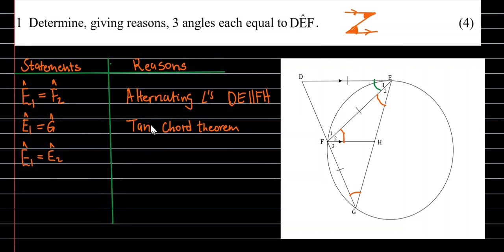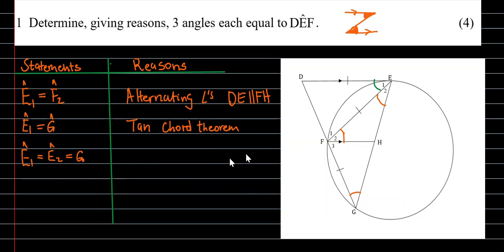Why is that? Let me first write here angle E1 will be equal to angle G, because this angle is equal to this angle while this angle is equal to that angle, right?